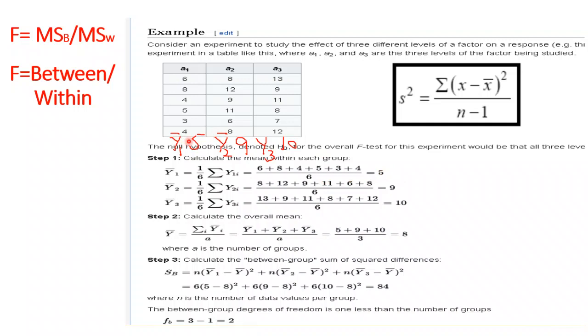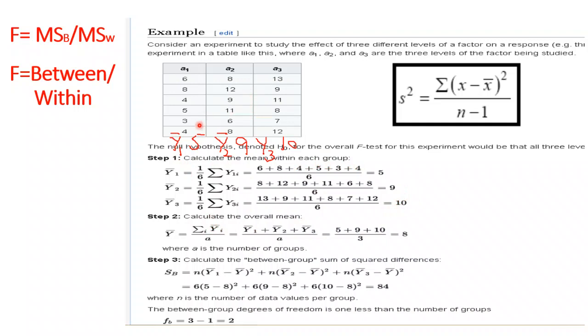Similarly, the mean for the second group is y bar 2, the summation of all the 6 entries divided by the number of entries, and this comes out to be 9. Similarly, the third one comes out to be 10. This was step number 1: calculate the mean within each group.